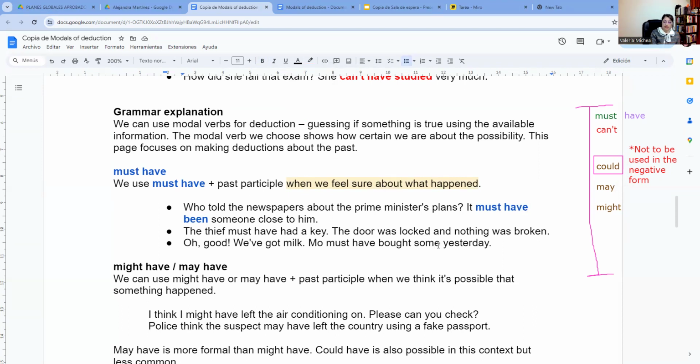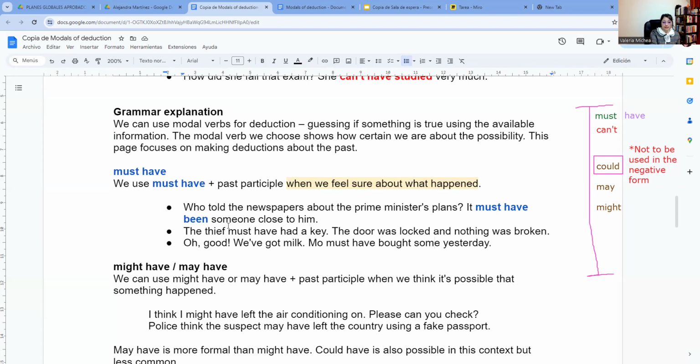I know that the Prime Minister is very reserved. So for information about him to go to the newspapers, someone very close to him must have given out the information, right? I have a lot of evidence for that. It seems very obvious to me.